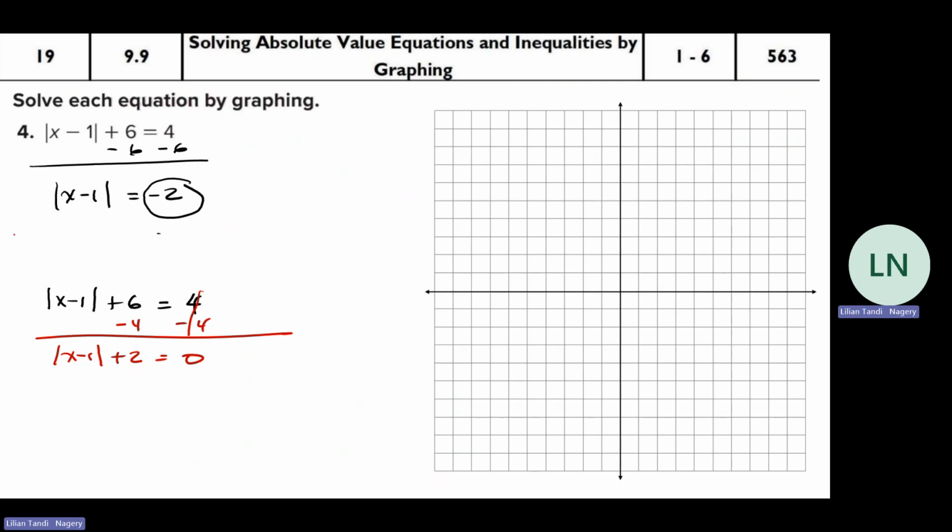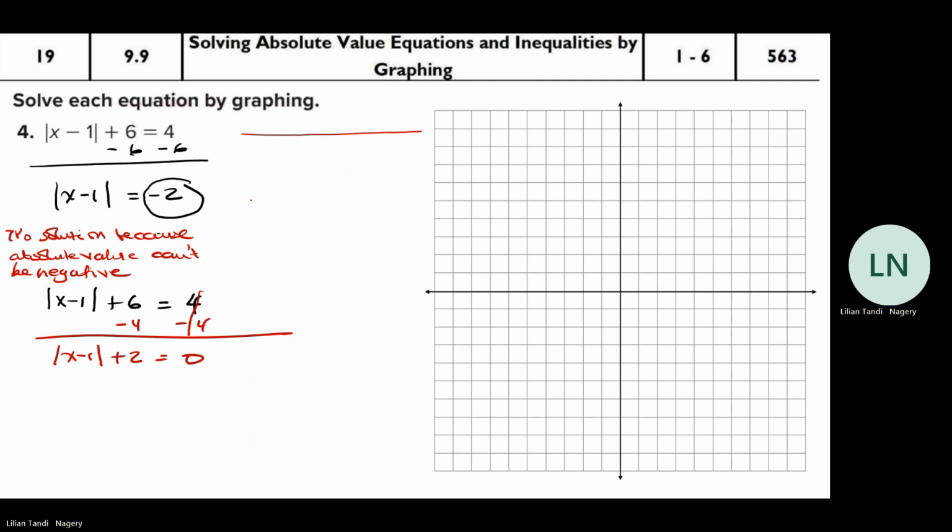And then I'm going to write here, no solution because absolute value can't be negative. Okay, I'll draw my graph. I mean my table. Why am I calling it a graph? Draw my table.